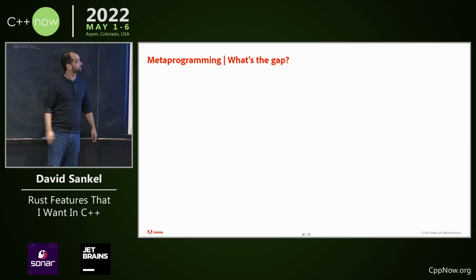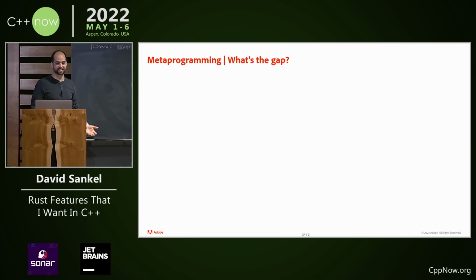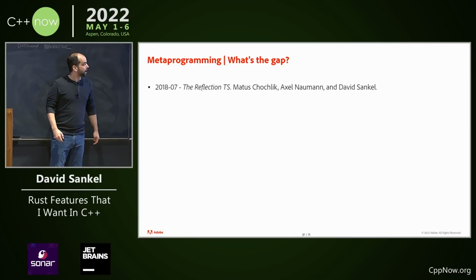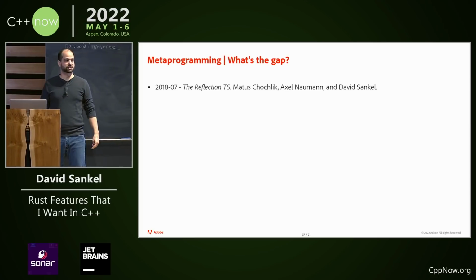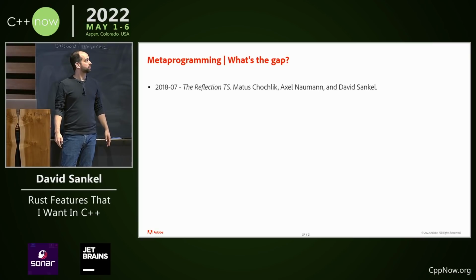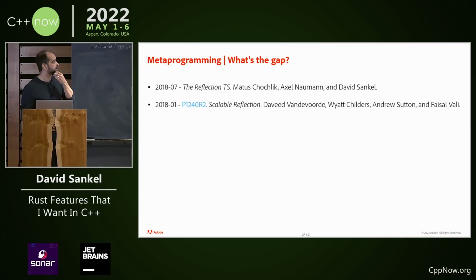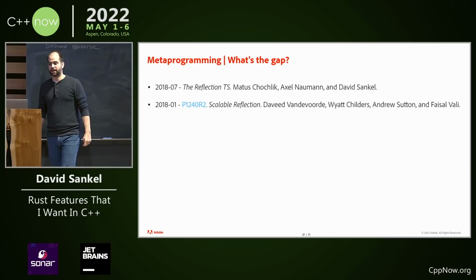So, what's the gap to getting this greatness in C++? Well, there's the reflection TS that got created by Matoush, Axel, and myself, and this gets us some of the way there. But this isn't in C++. There's another paper called Scalable Reflection by David, Wyatt, Andrew, and Faisal.